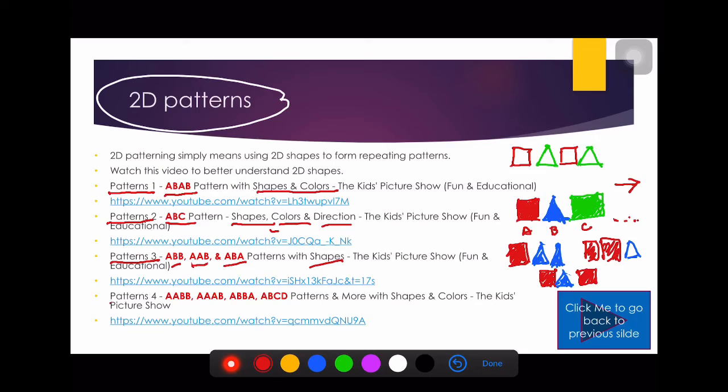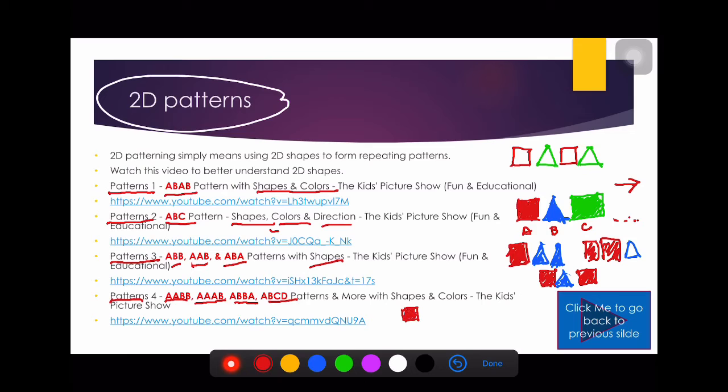Right, patterns 4, we have a slightly longer combination: AAAB, ABBA, it's like ABBA, okay, and ABCD. Right, so for this one it's the same. So let's say we're using red squares.